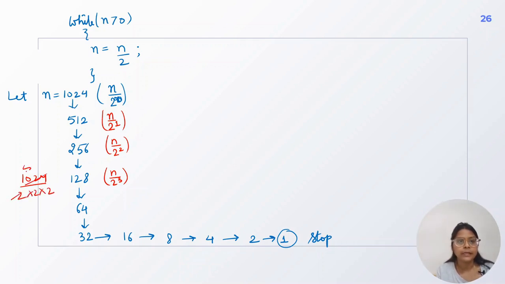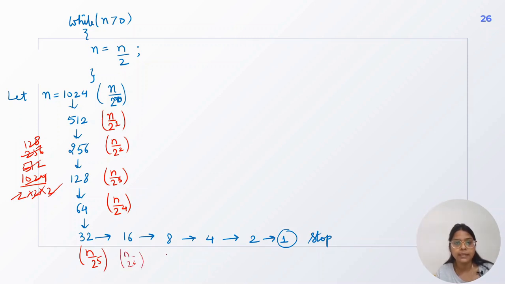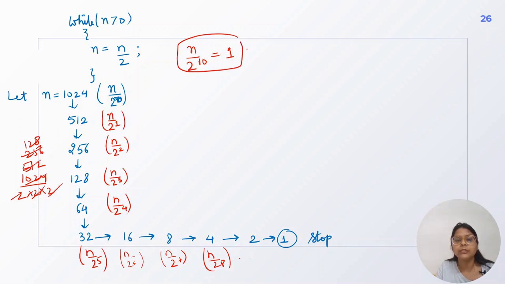You can see it is 512, 256, 128. This is what I am trying to explain. Now you can write n upon 2 to the power 4, 5, 6, 7, 8. How many times will you do it? Once n upon 2 to the power 10 is equal to 1, you will stop executing.